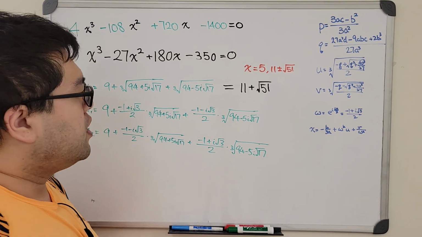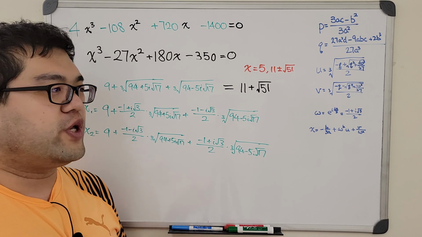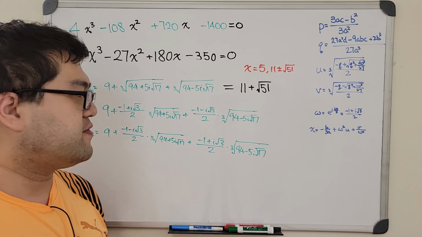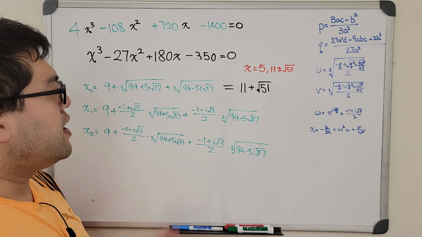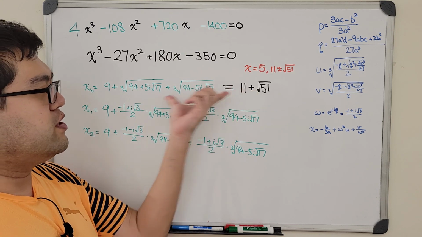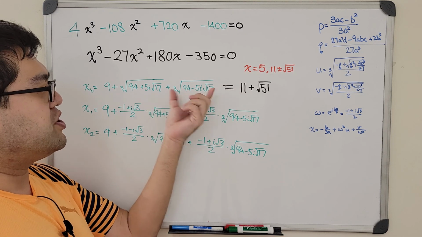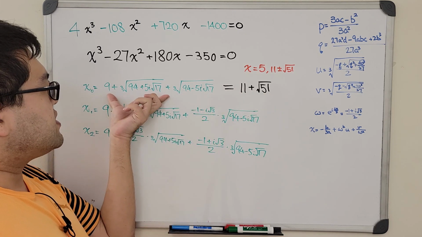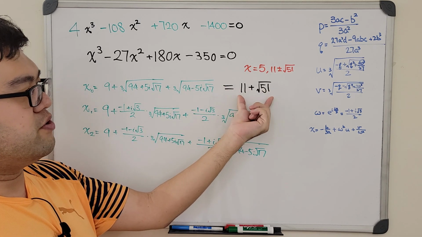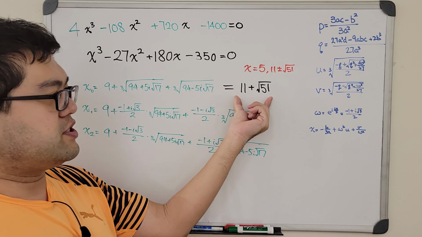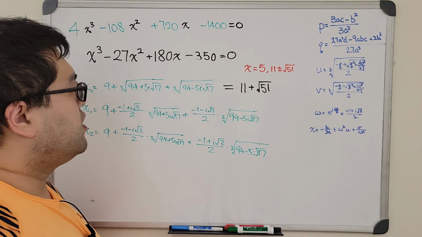And of course, if we get enough likes for this video, let's say 400 likes, I'll show you the first one, how we can actually show that the left hand side, this ugly expression, is actually equal to a very nice expression on the right hand side, which is 11 plus radical 51.